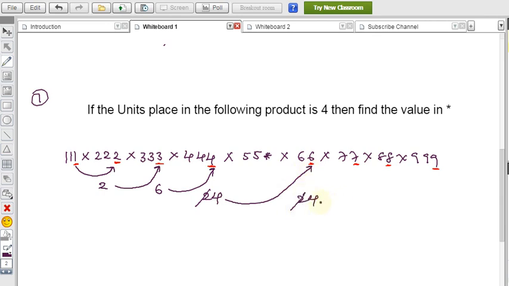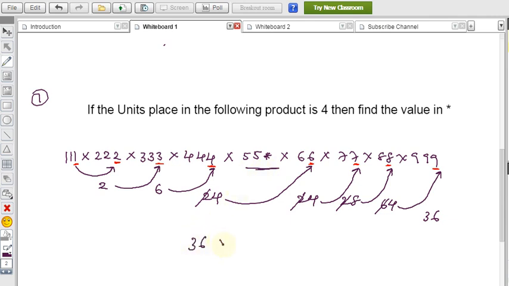Cut this 4. Again 4 into 7, 28. Cut 2. Again 8 into 8, 64. Cut this 6. Again 4 into 9, that is 36. Now the number which has the star is 5 star.